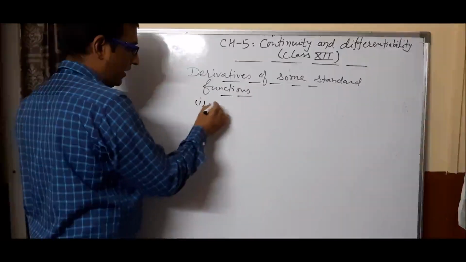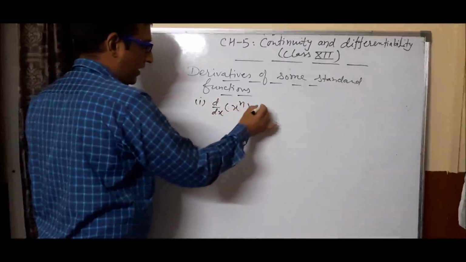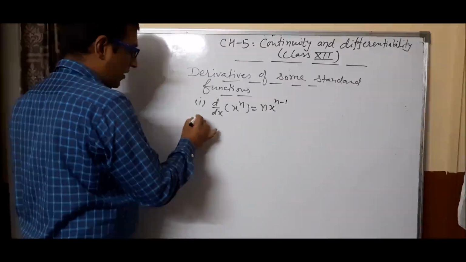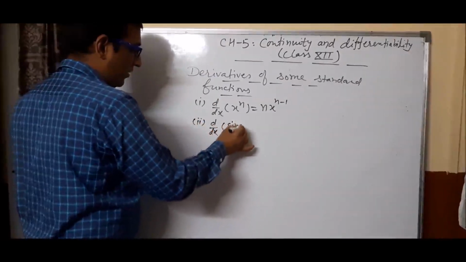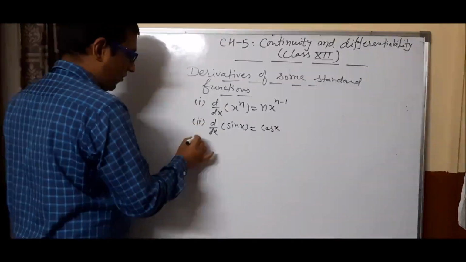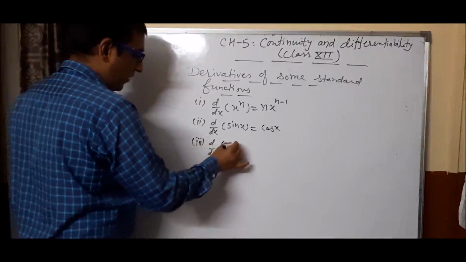So the first formula is d by dx of x raised to the power n. It can be written as n into x raised to the power n minus 1. Second formula is d by dx of sin x. This is equals to cos x. Third formula is d by dx of cos x.